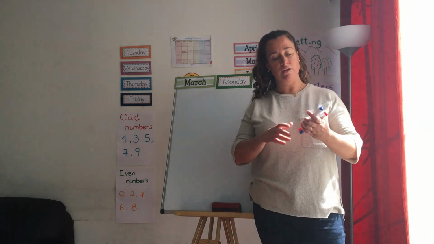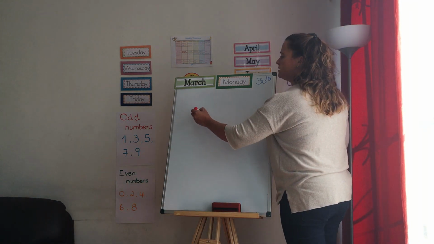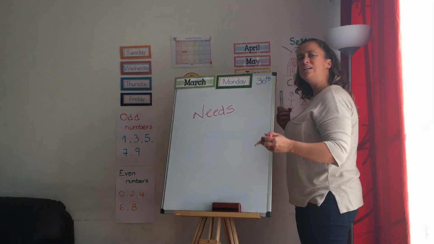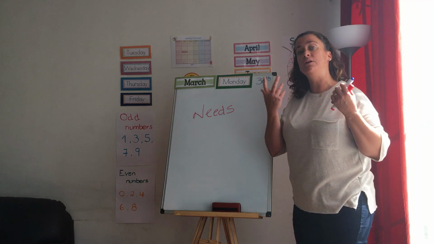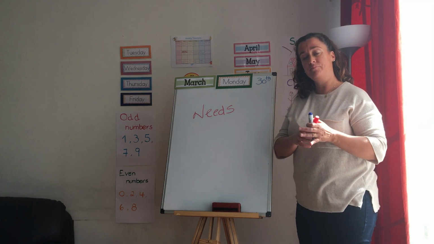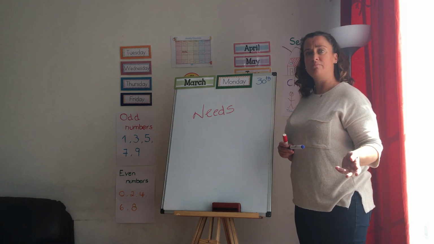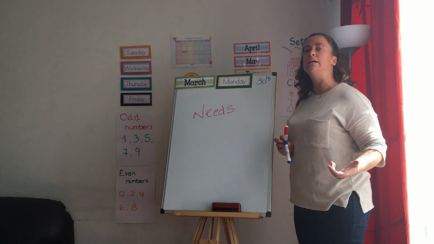Yeah? So, very fast, who can tell me the plant's needs? What does it need to be able to survive? To be able to live? Yeah? We saw 2 very important things last week. It has more. Yeah? Not all of them need all of the needs we're going to see later.